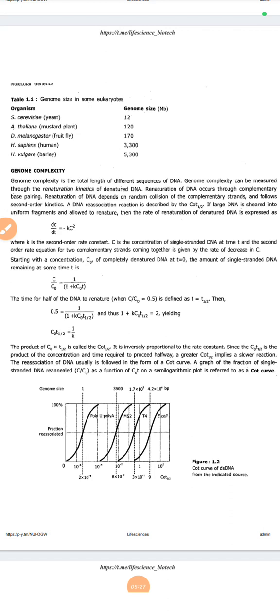What is k here? k is the second order rate constant. The second order rate reaction is -kC squared, where k is the constant and C is the concentration.